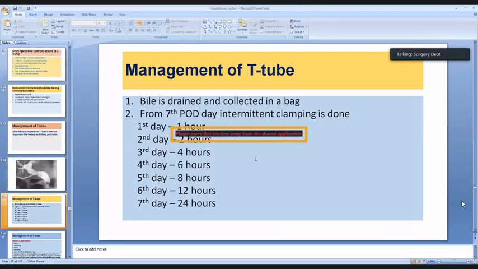যখন জন্ডিস কমে গেল অথবা 7 দিন হয়ে গেল, 7 দিন পর থেকে we start intermittent clamping. Intermittent clamping means outer part of the tube is clamped, not allowing the bile to drain outside, rather it is encouraged to flow downwards. একবারে করা হয় না, কারণ বাইল ডাক্টকে অ্যাকোমোডেট করানোর জন্য ফার্স্ট ডে 1 hour, সেকেন্ড ডে 2 hour, থার্ড ডে 4 hour, এইভাবে আস্তে আস্তে on the 7th day 24 hours.